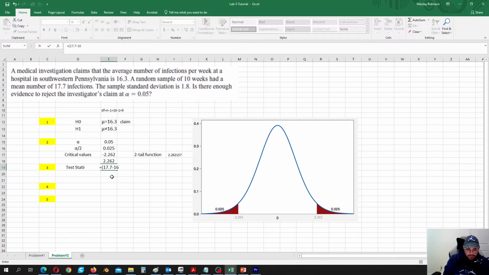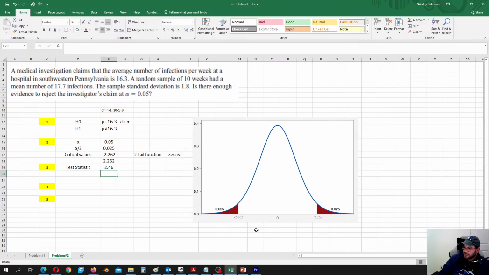So it is 17.7 minus 16.3, and we divide everything by the standard deviation of the sample, which is 1.8, divided by the square root of 10, the sample size. So it's 2.46.